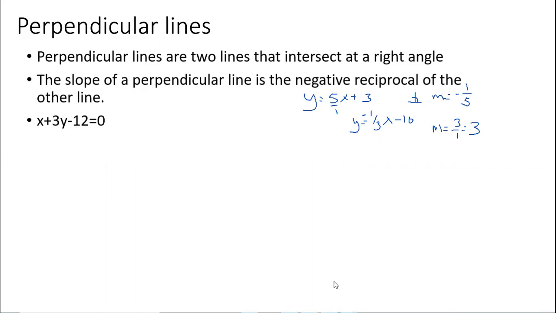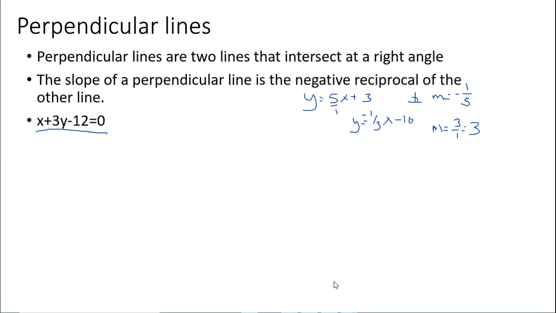Okay, so there are some problems at the end of the chapter that have the general form, which is this equation here, where we have x and y and our intercept all on one side, and we set everything equal to 0. So when we're looking at this type of equation, we first have to get it into slope-intercept form to find out what our slope is.